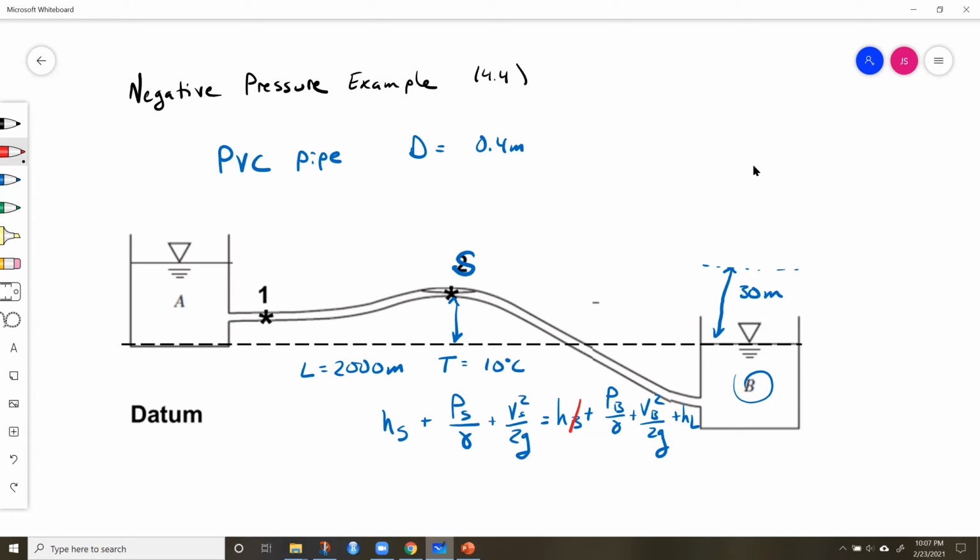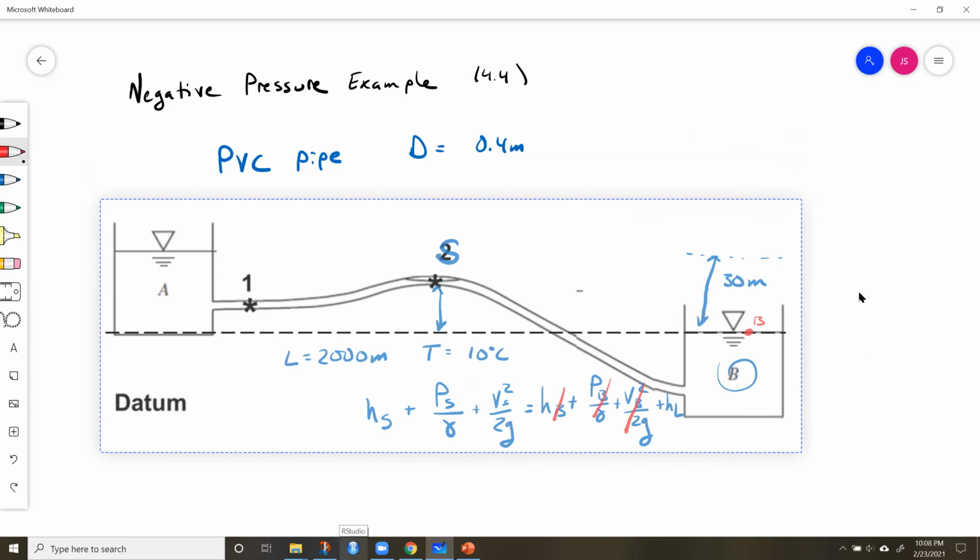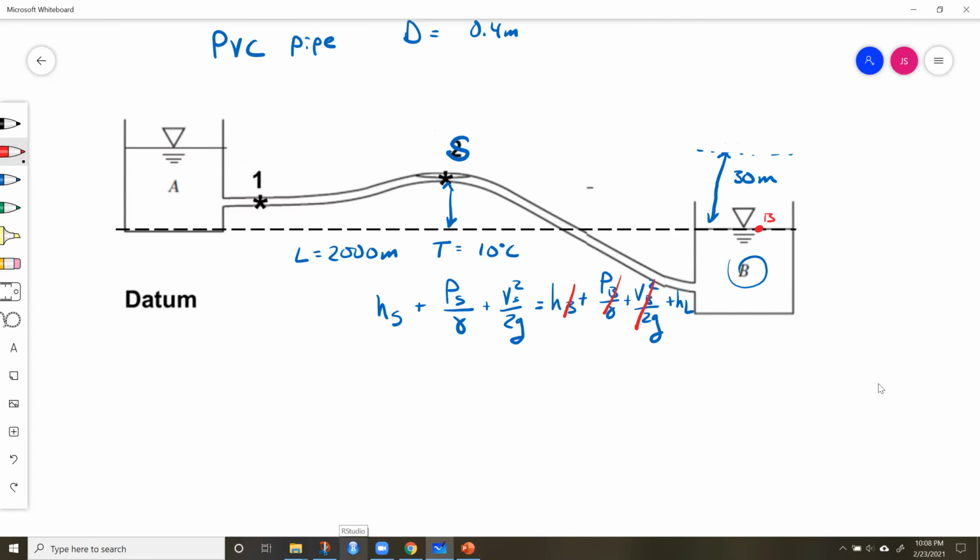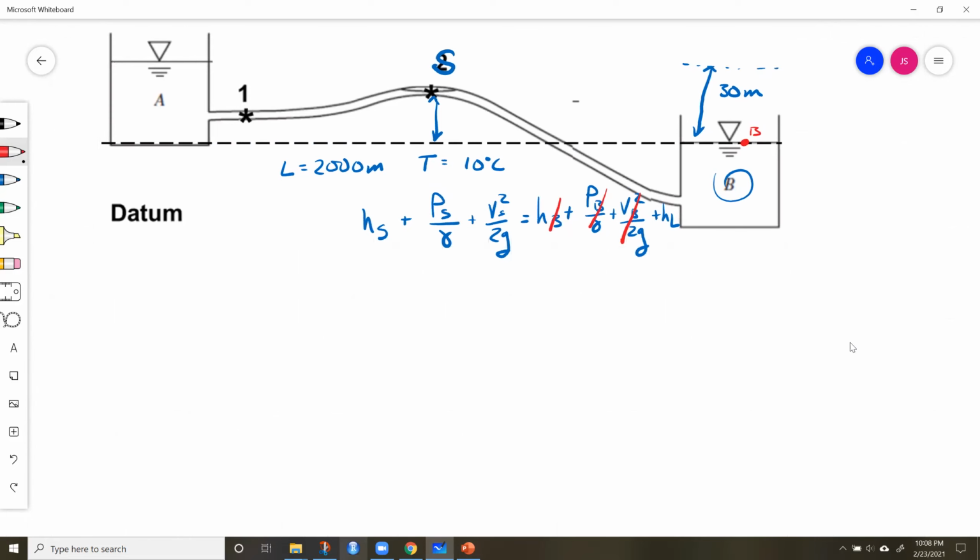And we can also cross out our velocity and our pressure because we're going to evaluate it at the water surface there. So our point B will be right there.